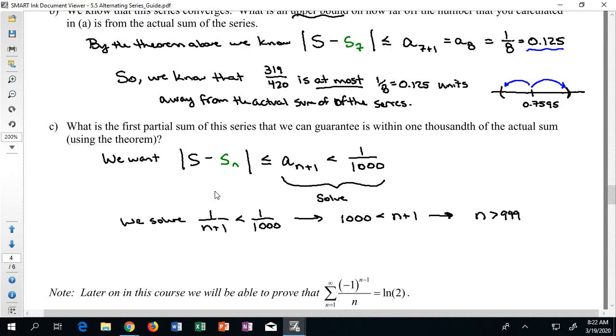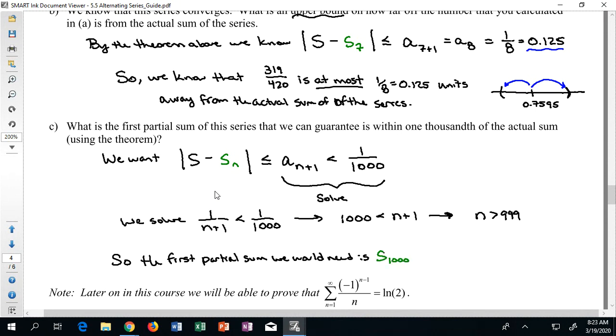So the first partial sum of the series that I could actually use would look like this. I could say the first partial sum we would need is S sub 1000.